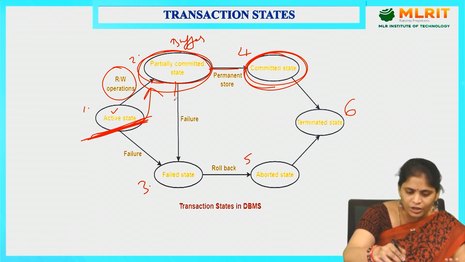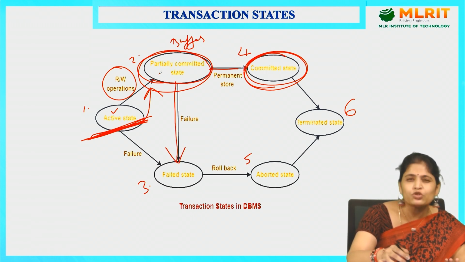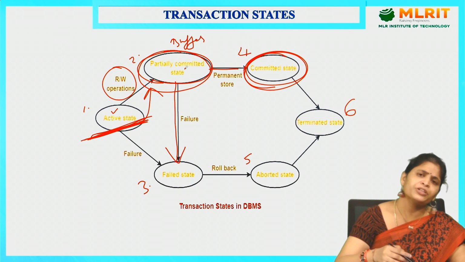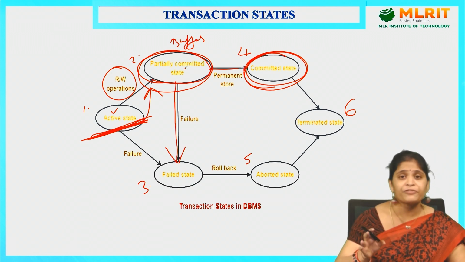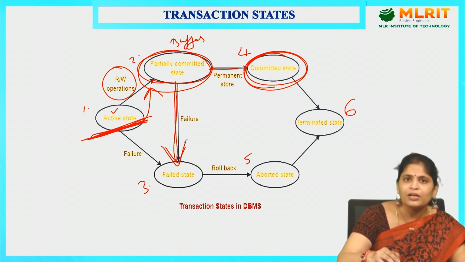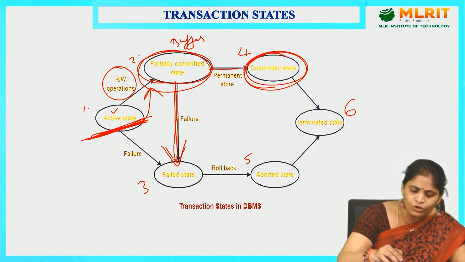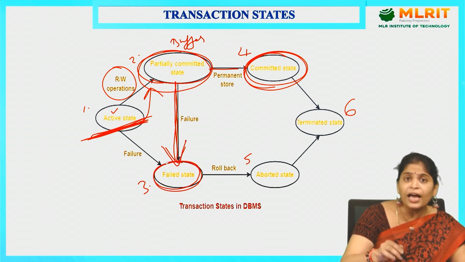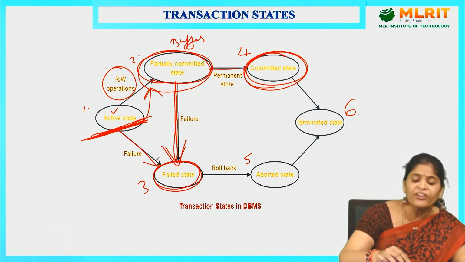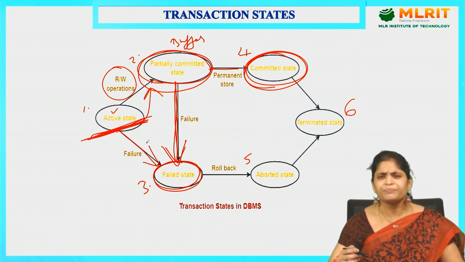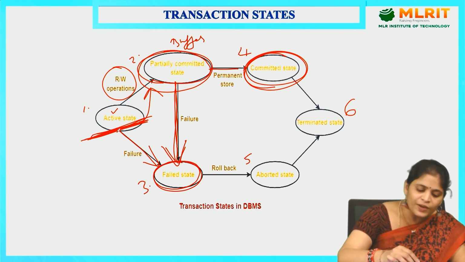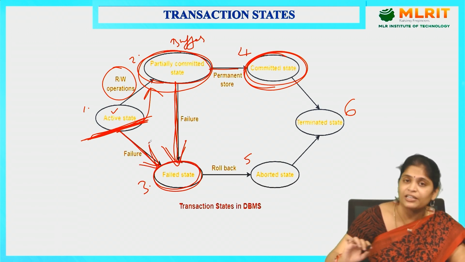If I perform some read operation and, due to some hardware issue, software issue or power failure, the transaction fails in the middle, then from here it will go to the failed state. Sometimes the transaction may fail initially also. That is why it is connected to the failed state.